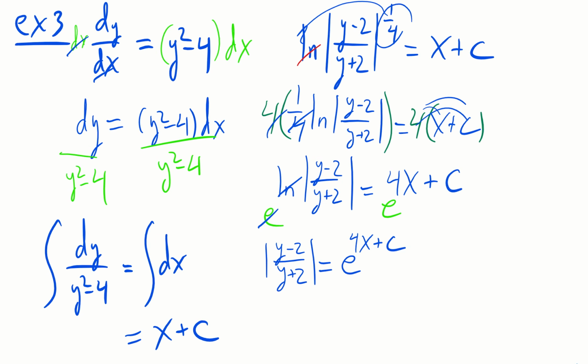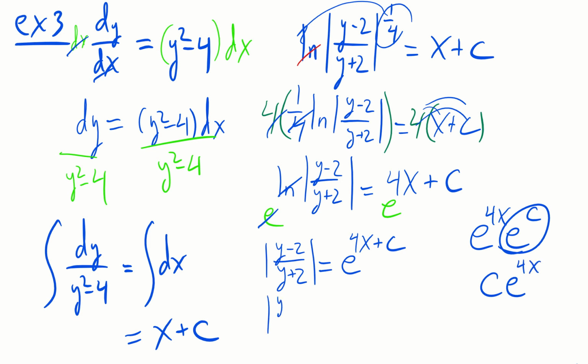We can continue to rewrite this a little bit more. For instance, e to the 4x plus c is the same thing as e to the 4x times e to the c, where this is yet again just a constant. You raise a constant to a constant, you get a constant. So I can rewrite that right-hand side as c e to the 4x.